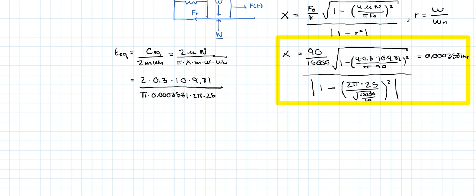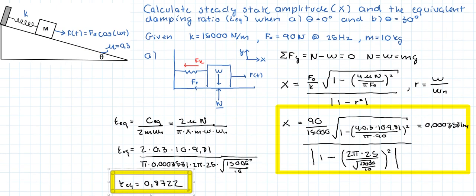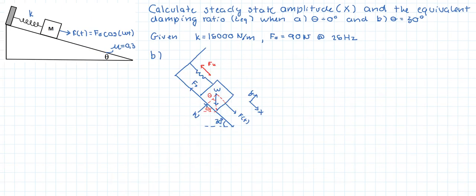That's the excitation frequency, times the square root of 15,000 over 10. So we find that the equivalent damping ratio is equal to 0.8722. And we're going to highlight this as well. That's it for A. We're going to go to B now.